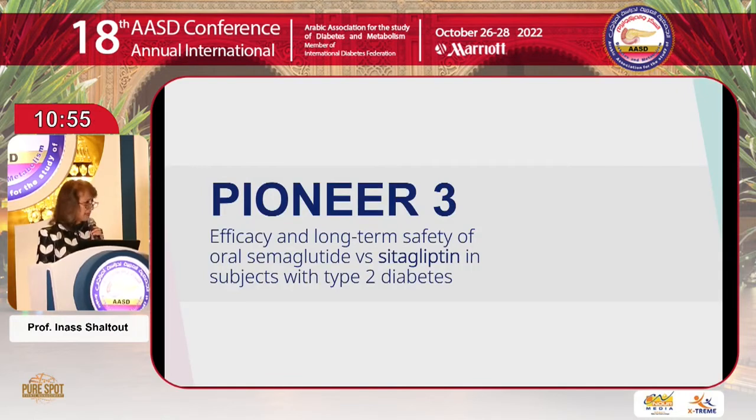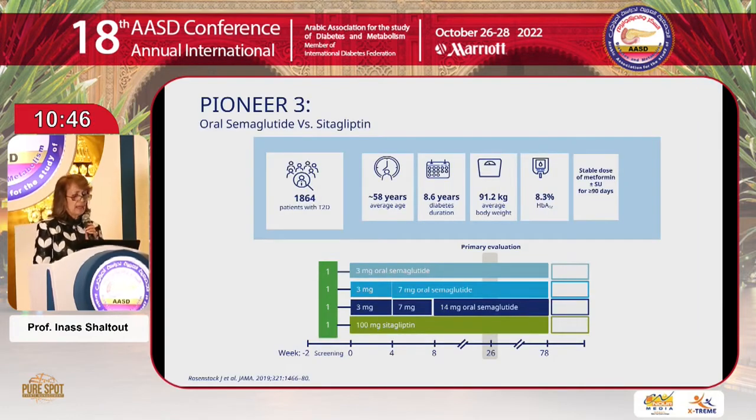PIONEER 3 is on the efficacy and long-term safety of oral semaglutide versus sitagliptin in subjects with type 2 diabetes, and it was done on 1,800 patients, average age 58, with diabetes duration of 8.6 years, average weight 91, and average hemoglobin A1C was 8.3%.